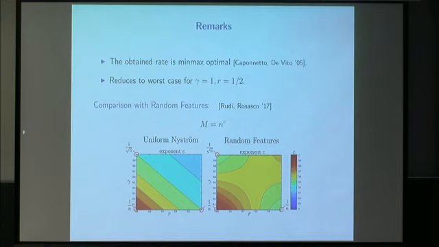Here I show the exponent c for Nystrom, and the exponent c if we use random features. So red, yellow is worse than blue. You see that the exponent for Nystrom, with respect to the parameters r and gamma, is smaller than the one of random features.